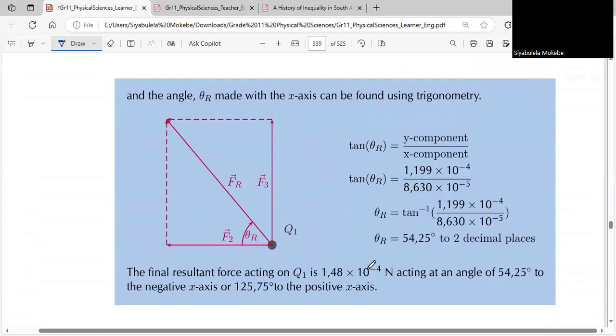Remember that the angle can be found using tan theta because tan is the opposite side over the adjacent side to the angle.